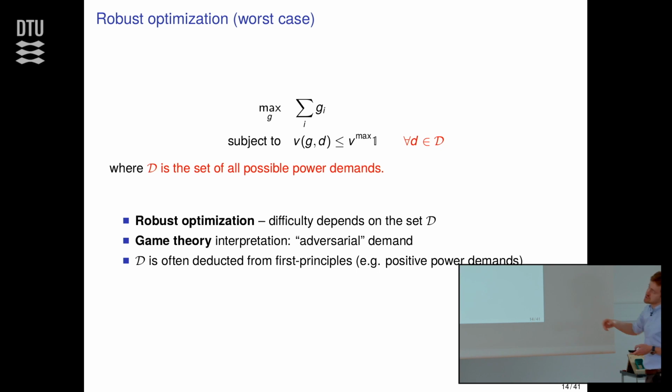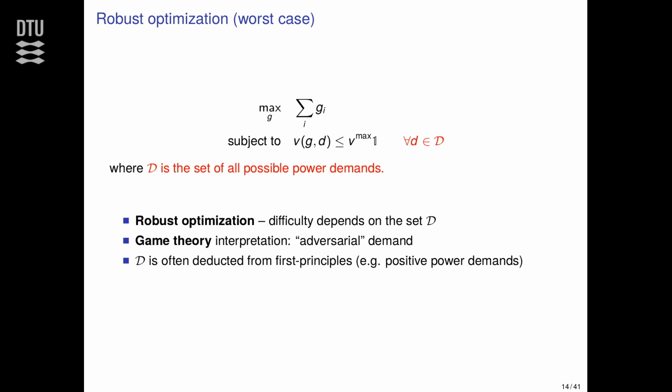So D is a very conservative approximation, but you could say, okay, D is going to be the interval 0 to infinity times 0 to infinity times 0 to infinity, right? So the positive orthant of dimension n. That's, well, one possible set D that you could use.